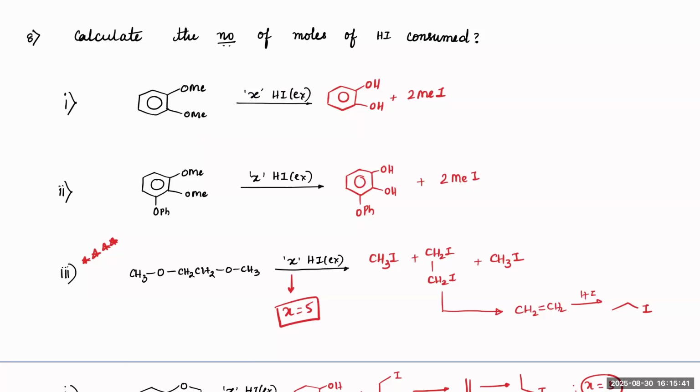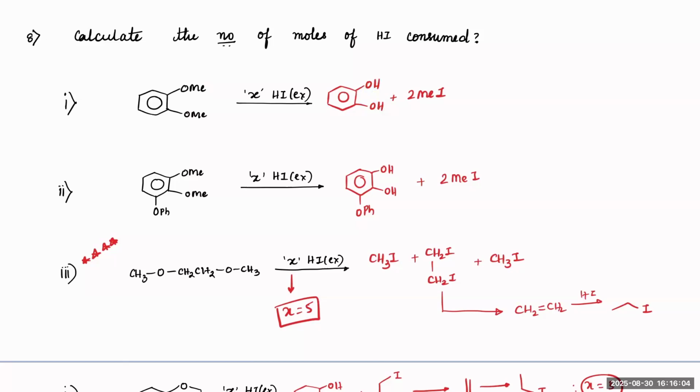Then what you can do? You know that protonation will happen here also, protonation will happen here also, then I minus can attack here, I minus can attack here. So you will get this catechol. This is called catechol, and then we have 2 moles of methyl iodide. Can we convert this into iodide? No, right? So that means you will stop the reaction here.